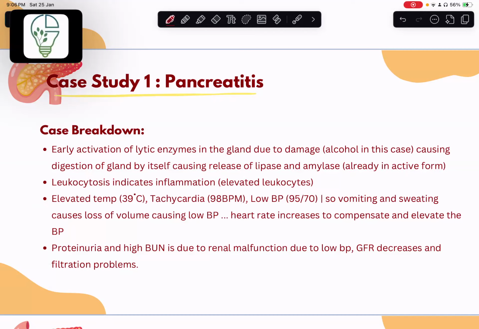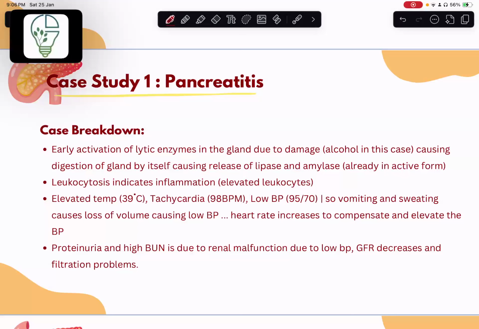Going next to the blood pressure. It shows low blood pressure of 95/70. Why? The case said that the patient was vomiting and profusely sweating. What are sweat and vomit, basically? It's fluids, which means there's fluid loss. Fluid loss means the volume of blood has decreased.